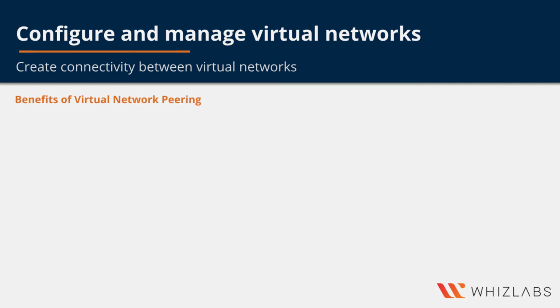Let's talk about the benefits of virtual network peering. Your network traffic between peered virtual networks is kept private. Traffic between the virtual networks is kept on the Microsoft backbone network rather than on the internet, and there is no need for any public internet or gateway or any kind of encryption for communication between the resources in the virtual network.